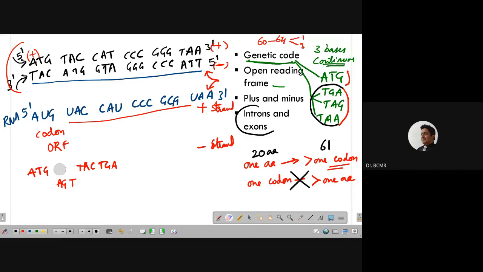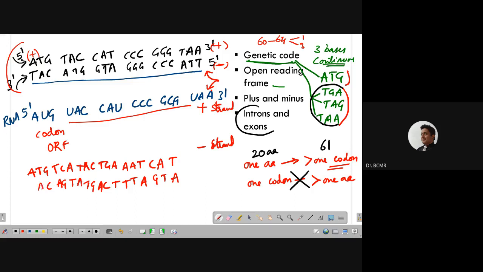I know what I'm trying to do. Let me check if I can make it. ACT, CAT and ATG, TAC, ATG. I'll change something here so that I won't confuse you. AAT, TCA, GTA.